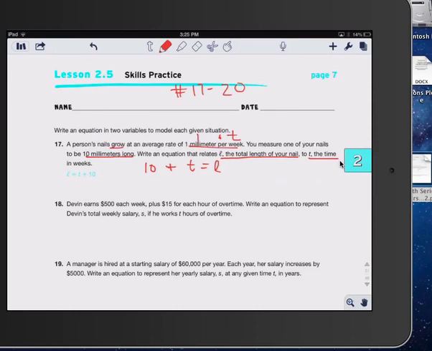So total daily income is what we want, and we use D. So D equals what he automatically earned just showing up to work plus $20 for each haircut. We don't know how many haircuts he has, so they say use H for haircut. H right there. And that's your work. If you're having trouble with that, try 21.